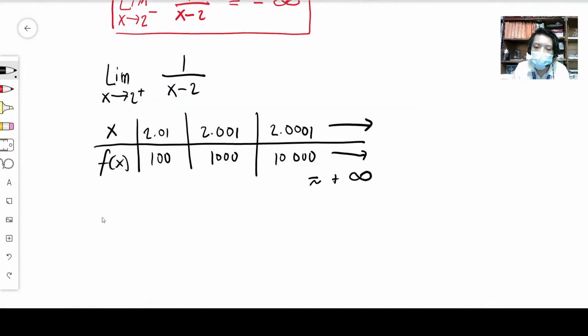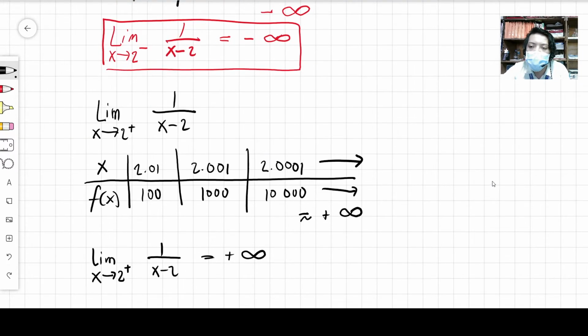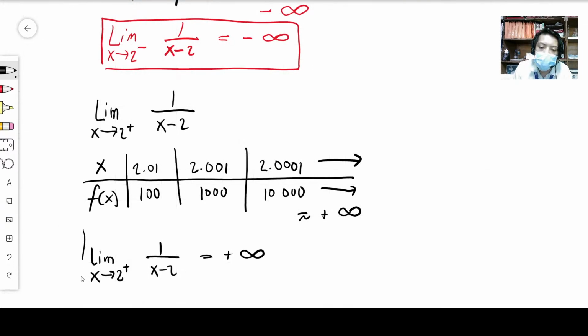Therefore, the limit of 1 over x minus 2 as x approaches 2 coming from the right is equal to positive infinity, a very large number. Let me put this in a box.